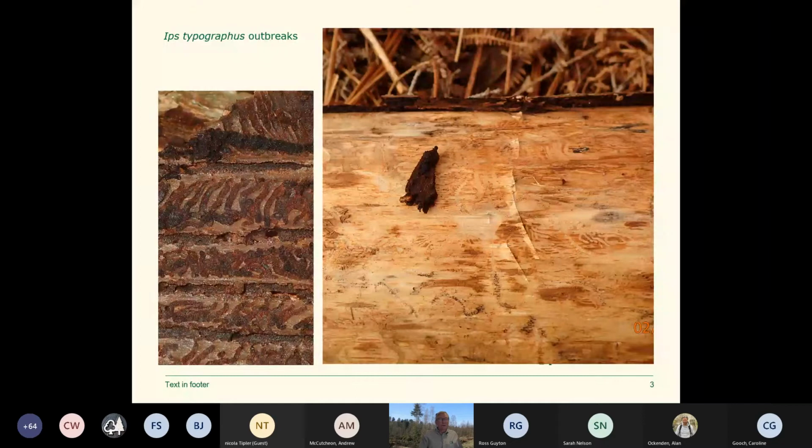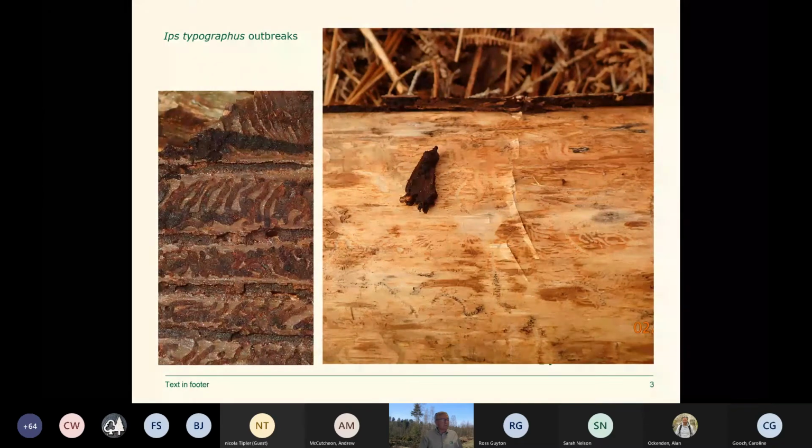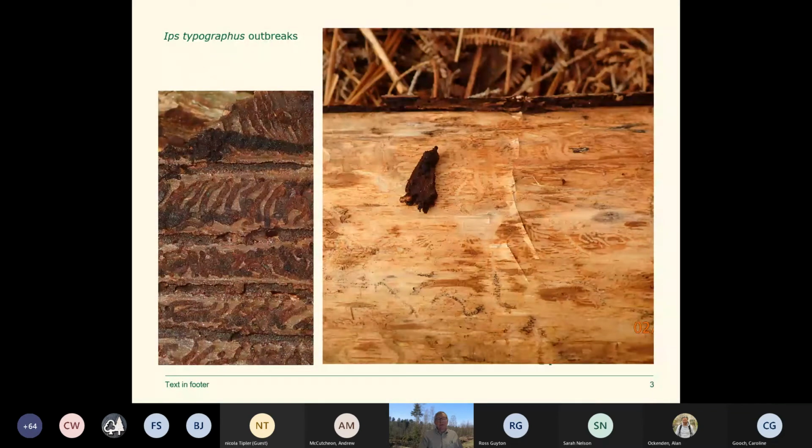In very low numbers at the ports, they're not really problematic. There's neither the host material nor the numbers significant enough to start a breeding population, but we're aware that we've been finding these periodically.